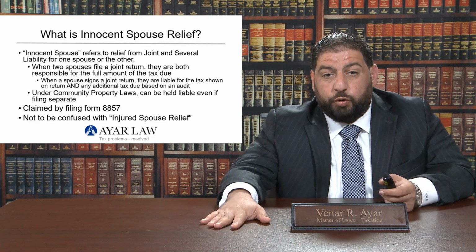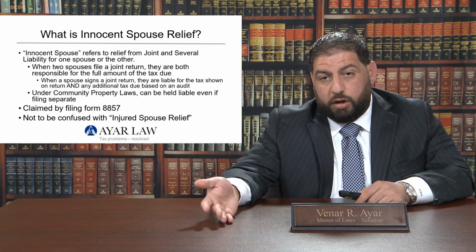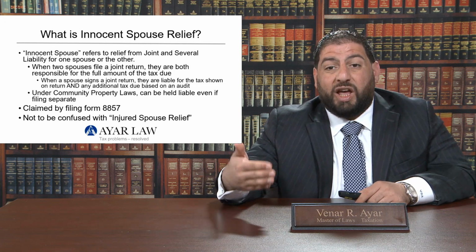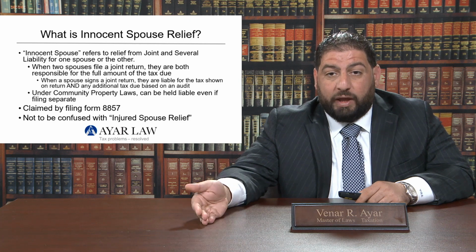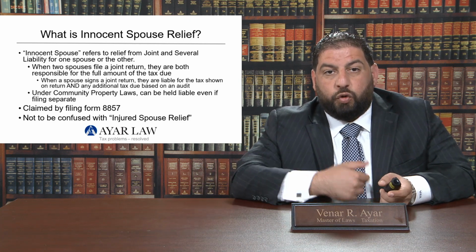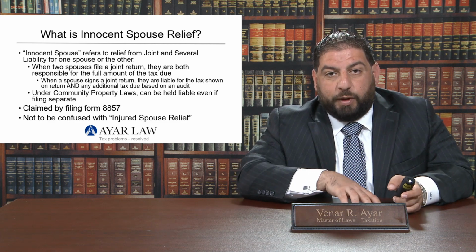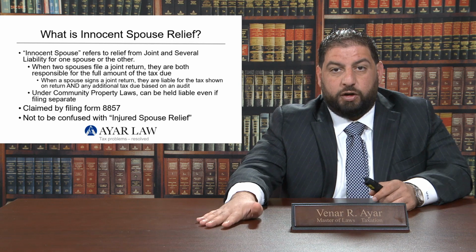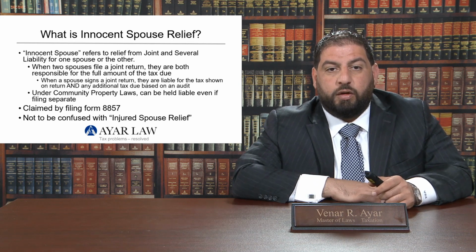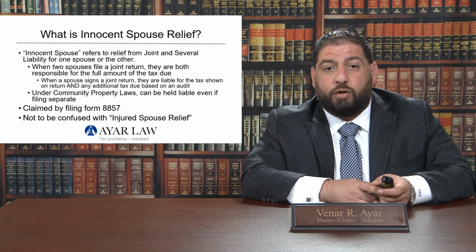Also, under community property laws, if you live in a community property state or were married in a community property state, you can be held liable for your spouse's taxes, even if you don't file jointly. So innocent spouse relief refers to getting one spouse or the other off the hook on joint taxes. It's claimed by filing a Form 8857 with the IRS.